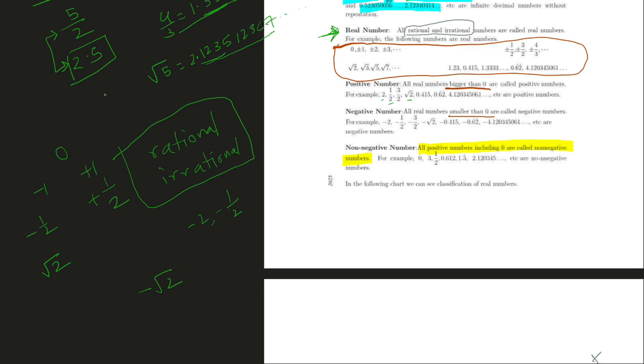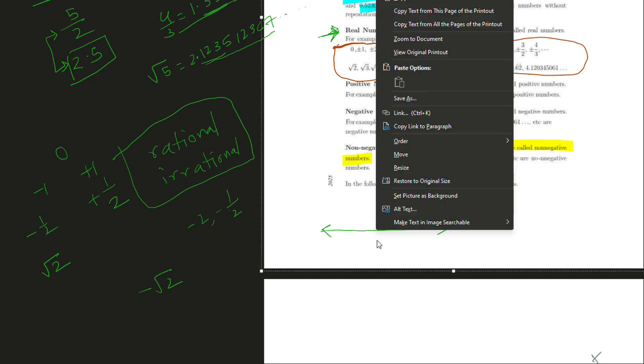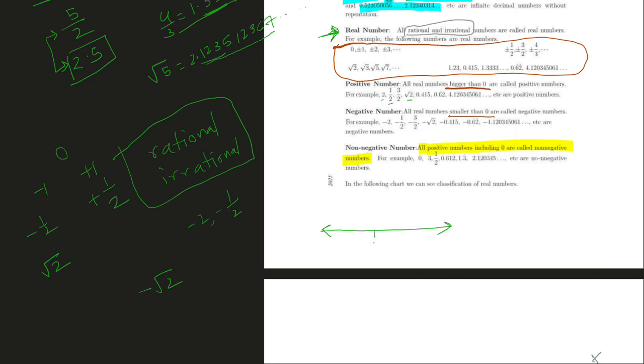All positive numbers. And so if we draw, say, a line diagram, a number diagram, this is 0. This is -1, -2. Say this is 1.5, 2.